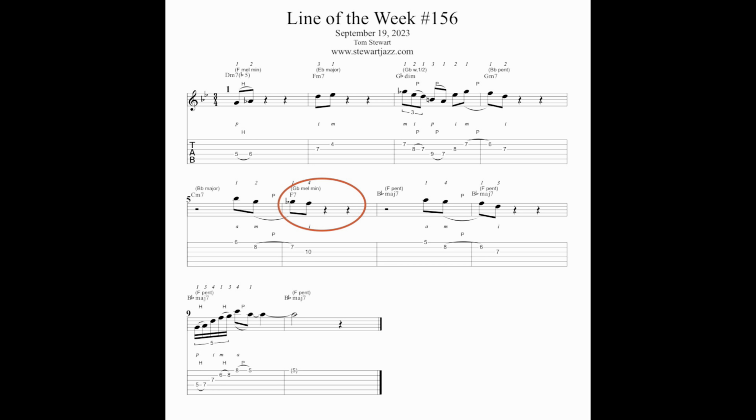Measure 6, variation. Measure 7, variation. Measure 8, yet another variation. And then measures 9 to 10, you've got an extension leading up to the original motive, followed by another extension to end the line.